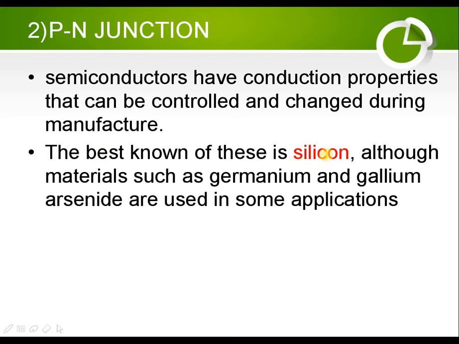If there is no silicon, it's difficult to make such tiny, complex chips as are now available. The best known of these is silicon. The most important, the most widely used element, is silicon.